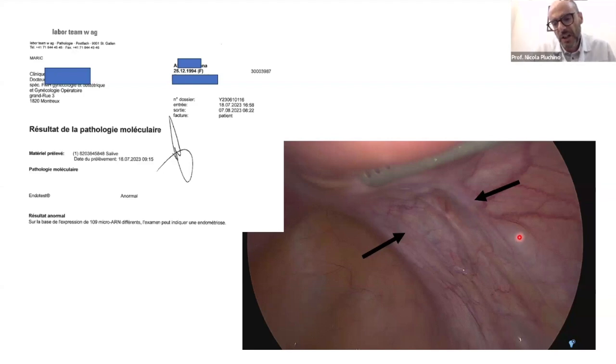You can see here the left uterosacral ligament, here the uterus, and the peritoneum. You can see the superficial lesion of endometriosis, something that is not possible to reach by ultrasound or by MRI scan.